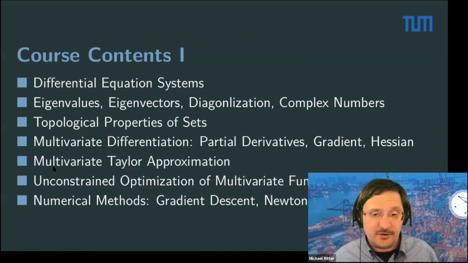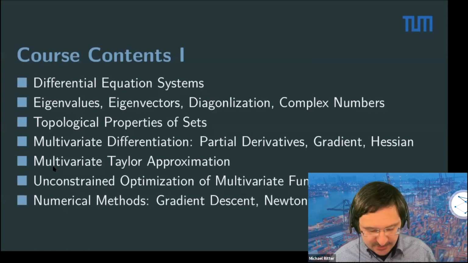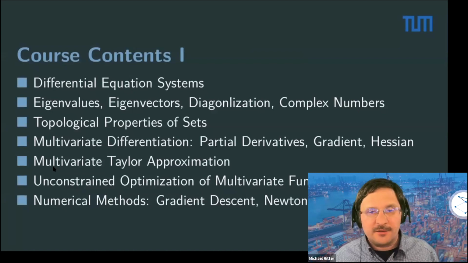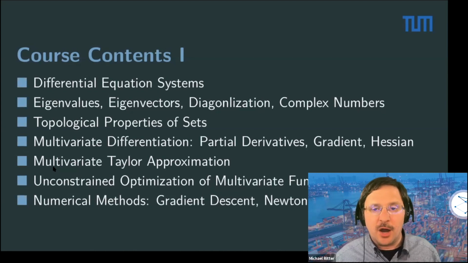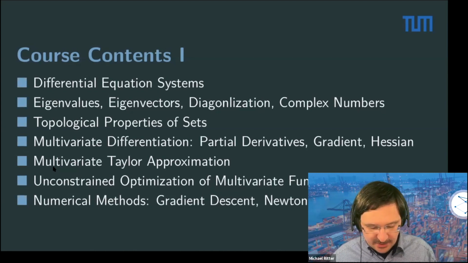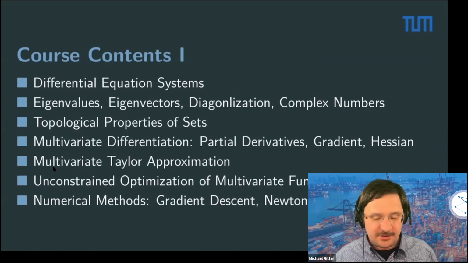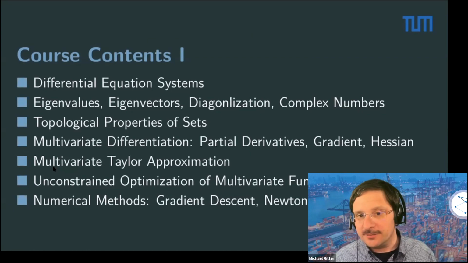We'll also generalize Taylor approximation to higher dimensions. And similarly to one-dimensional calculus, we'll use these properties to optimize functions, to find maxima and minima of multivariate functions. We'll also briefly talk about numerical methods for that purpose. Specifically, I plan to talk about the gradient descent and Newton's method here.